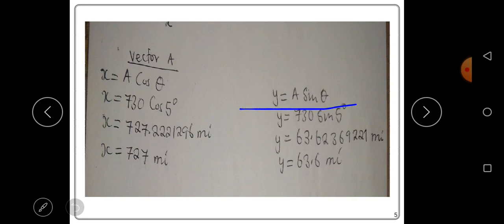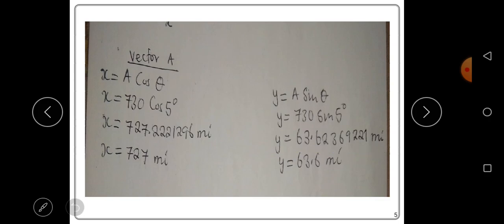So we find the y component of vector A. To find the y component, you use the formula y is equal to A sine theta. What is A? A is the magnitude of vector A, which is 730. Then theta is the angle, in this case 5 degrees. When we punch this on a calculator, it gives us the y component to be 63.6236921 miles.